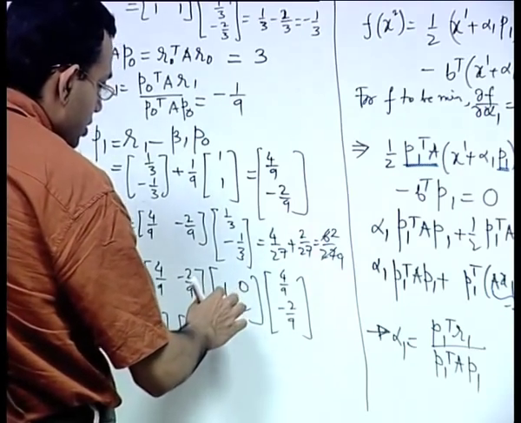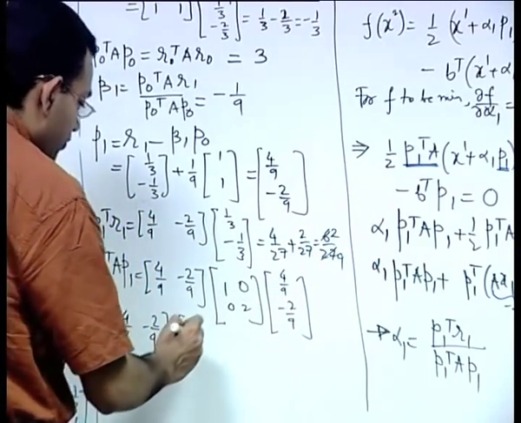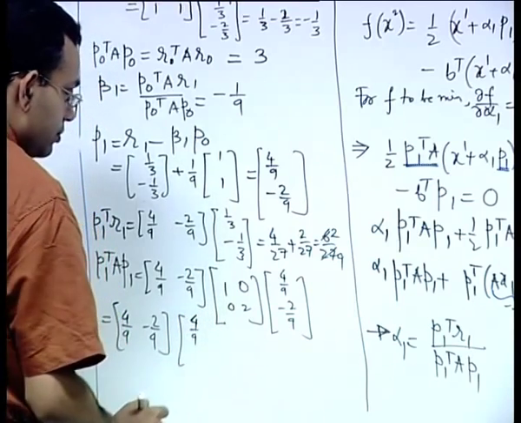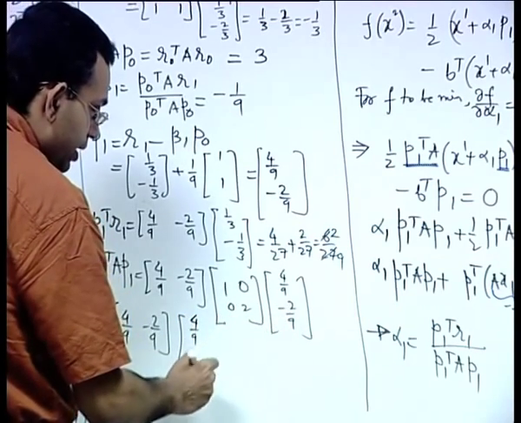So this will become 4 by 9 and minus 4 by 9.